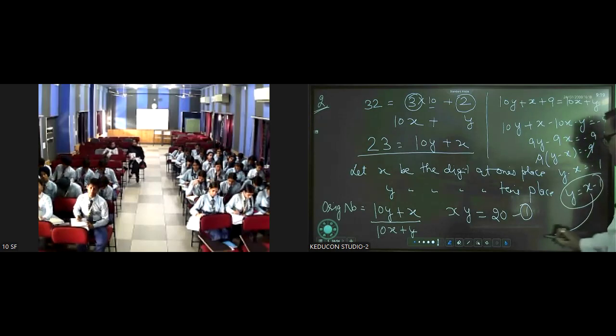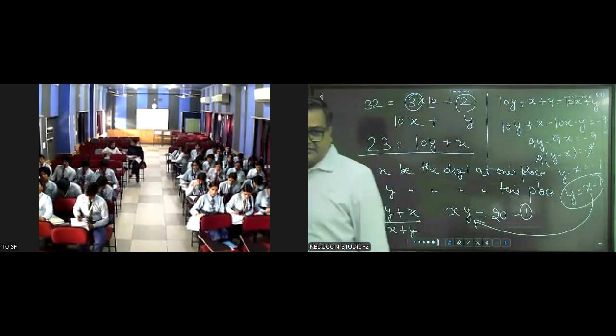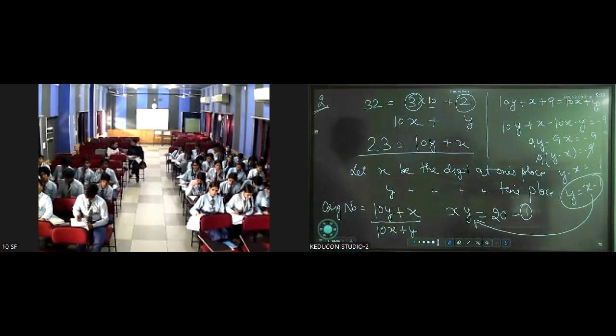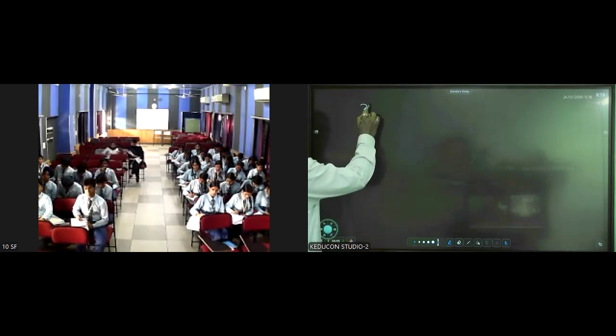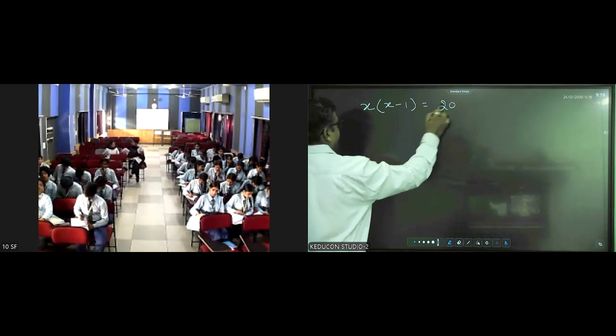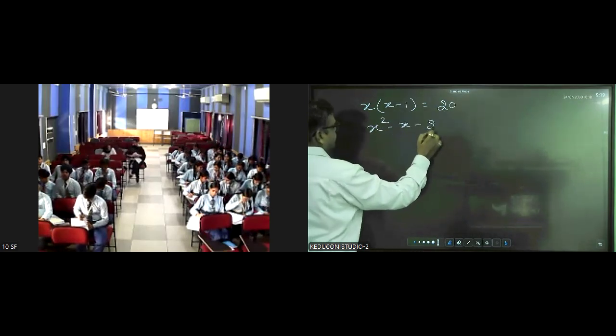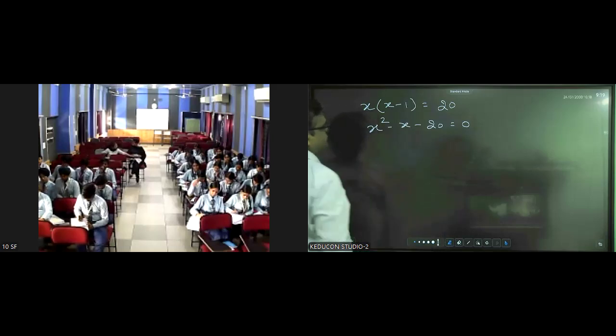Put this value of y here. You will get a quadratic equation, right? So the value of y is x minus 1. So you got the quadratic equation. Take 20 on the left side. Now solve this quadratic equation.